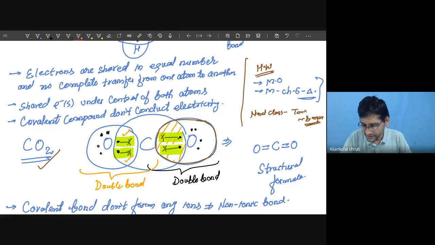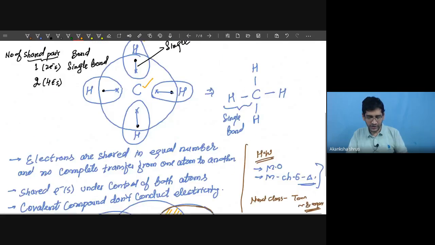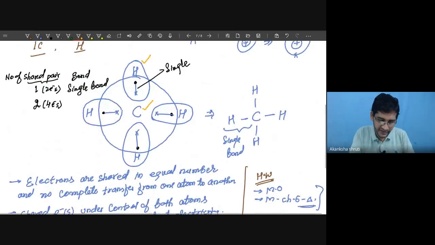In this case, in the shared region we have a total of 4 electrons: 2 electrons from the carbon, 2 electrons from the oxygen. So if the shared region contains 4 electrons, meaning 2 pairs, then it is called a double bond.